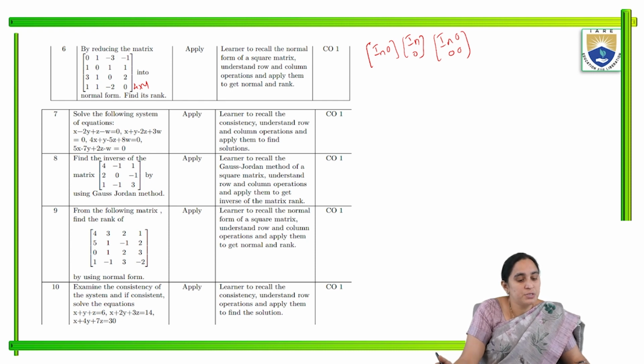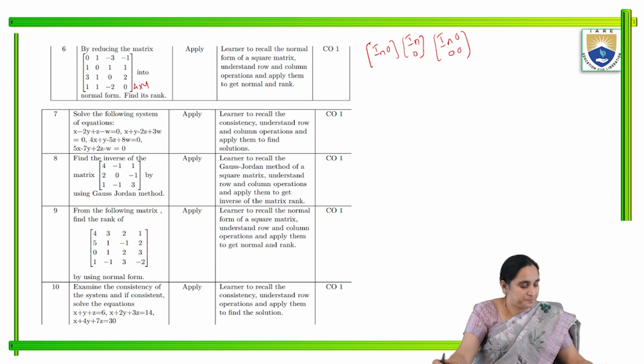Is this a homogeneous or non-homogeneous equation? This is a homogeneous equation. For that, rank of A is equal to n, so it is consistent. Then we find the unknown values of x, y, z, w. That is the concept of the seventh question.